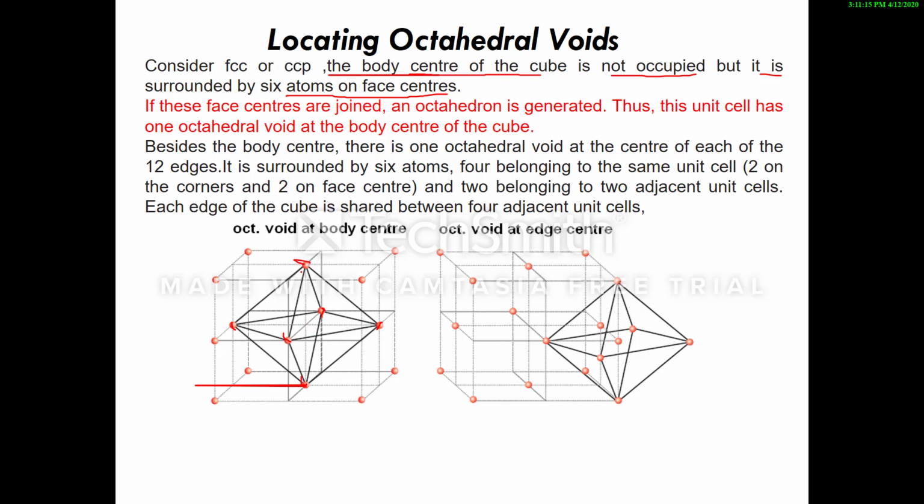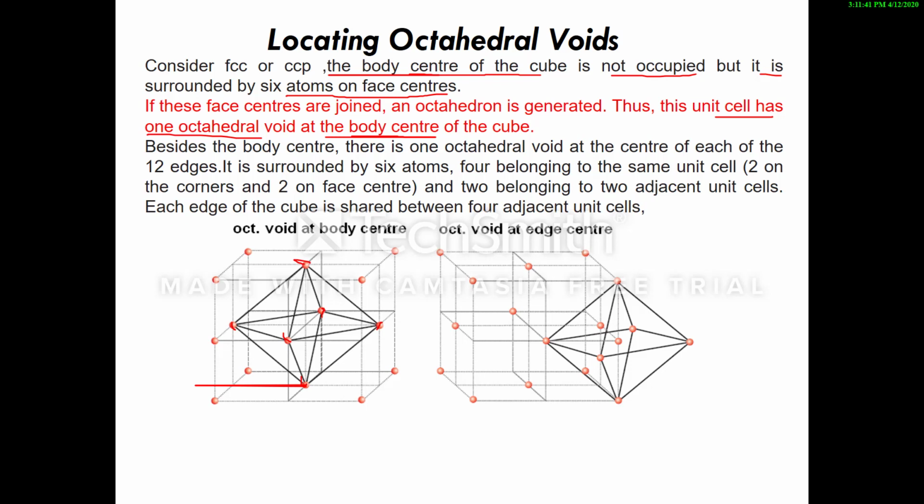If you join the centers of these atoms situated at the center of the faces, we will get the octahedral shape. That's why one octahedral void is situated at the center of the body. You can say the unit cell has one octahedral void at the body center of the cube.